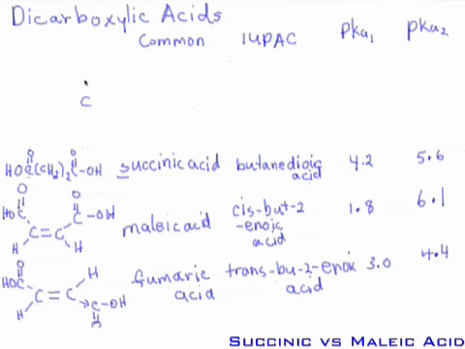We're going to have an O minus. We're going to have an O double bond down here. Here's a CH2. Here's a CH2. Here's a COH, if you like. And there's a double bond O here.